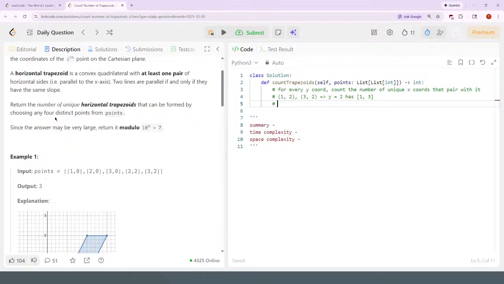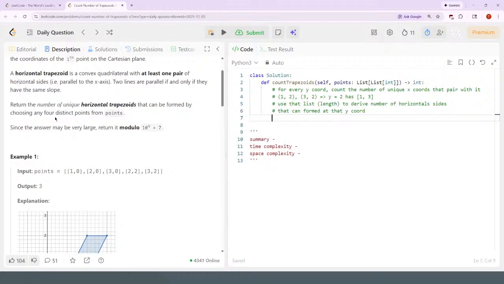Use that list or the length to derive the number of horizontal sides that can be formed at that y coordinate. And then, okay, I'll do that first.